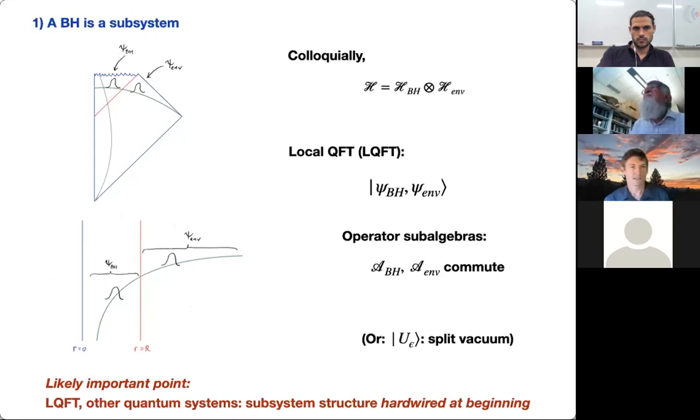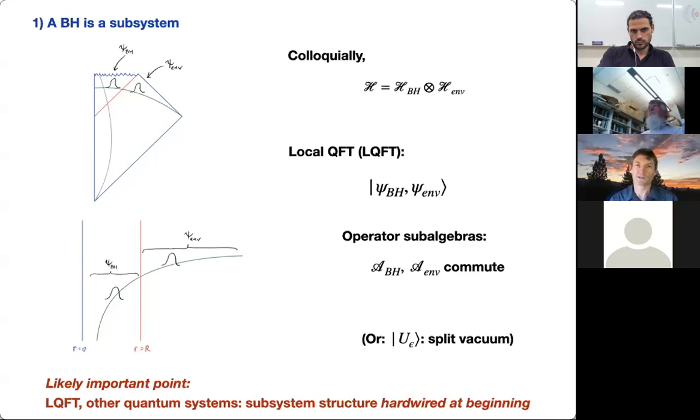And the idea is that we can write the quantum state on the slice in terms of a part that corresponds to, so to speak, the excitations inside the black hole, and a part that corresponds to the excitations in the environment, in the complement. So one way of representing what we mean by subsystems is that you can write the state in that fashion.